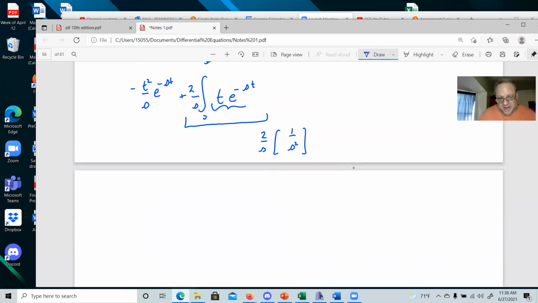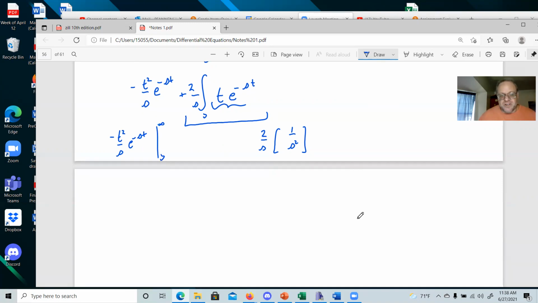Everything was evaluated. Now we just have to evaluate negative t squared over s, e to the negative st, from 0 to infinity. This same argument is going to go.